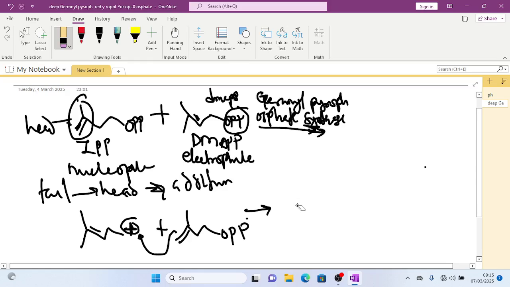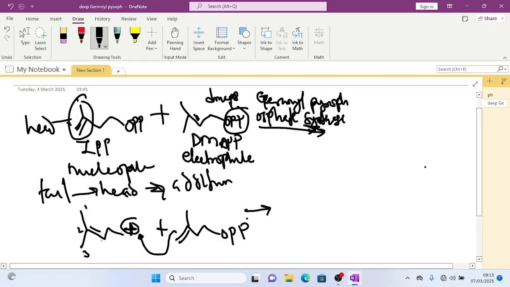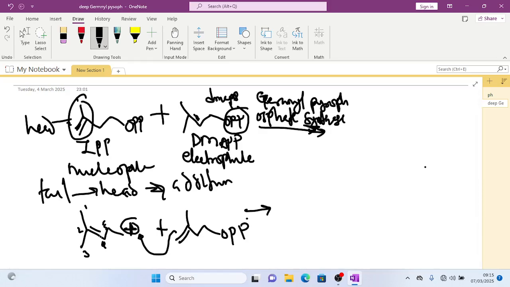Here to count the number of carbons, we have 1, 2, 3, 4, and 5. Okay, this we have made 6. Oh, okay, I see where the error lies now.